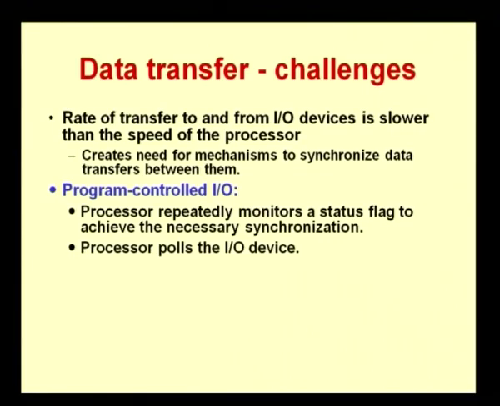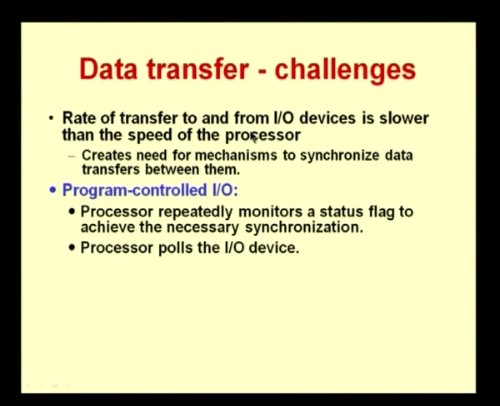So, this is the first challenge, that there is a difference in speed. Now, one option is program controlled IO, where the processor will repeatedly monitor a status flag to achieve the necessary synchronization, because the IO device is slower.